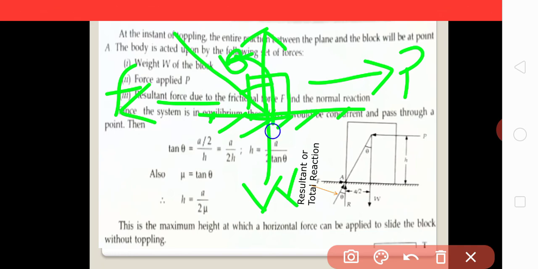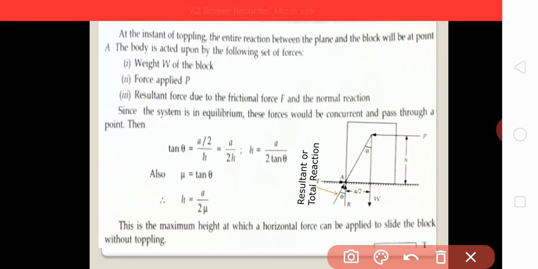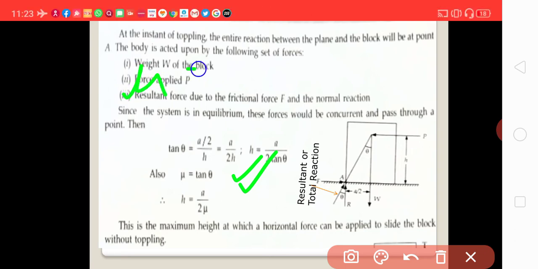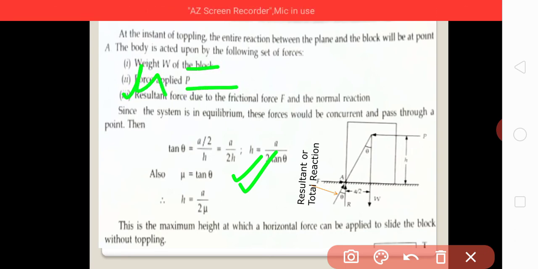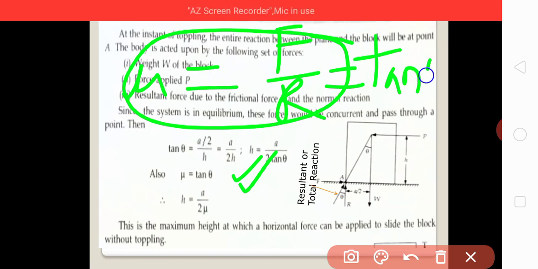You compare it here like this. So, what will happen? This tan theta is equal to the coefficient of friction, tan theta equal to mu. We have already read that in the impending condition, mu is equal to F upon R, equal to tan theta. That is it.